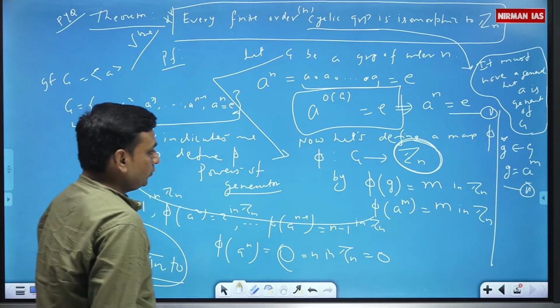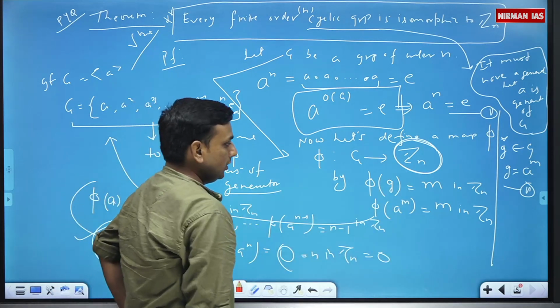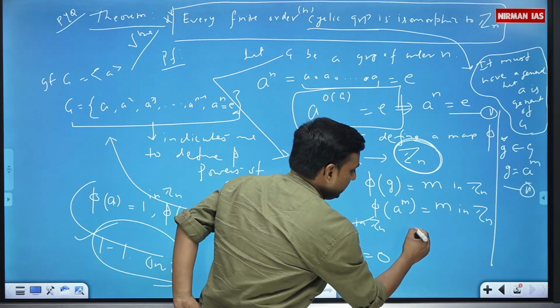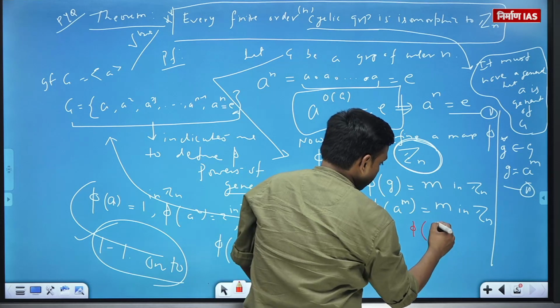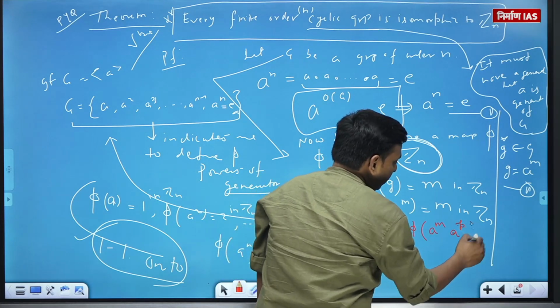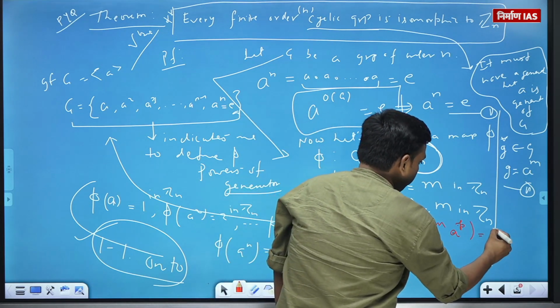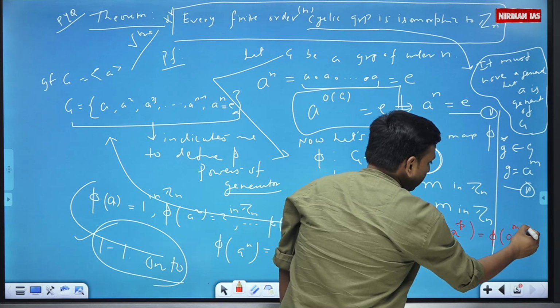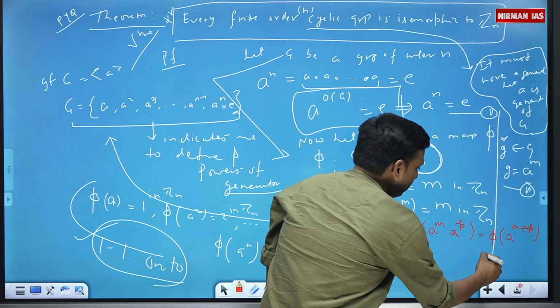The rest of the thing is to show phi is operation preserving or not. So see from here, if I want to write phi of a^m and a^p, let's say, this will be defined as phi of a raised to the power m plus p, or m plus p times composition.